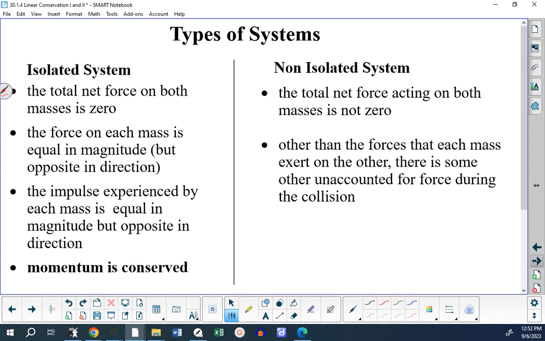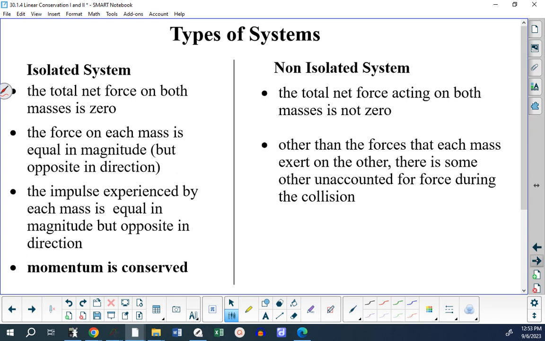So if the impulse experienced by one object is a positive amount, and the impulse experienced by another object is a negative amount, that means one gains a certain amount of momentum and the other loses a certain amount of momentum, which means the total momentum in the system stays the same. So, if a collision occurs in an isolated system, momentum is conserved. That's an awful lot to absorb so far.